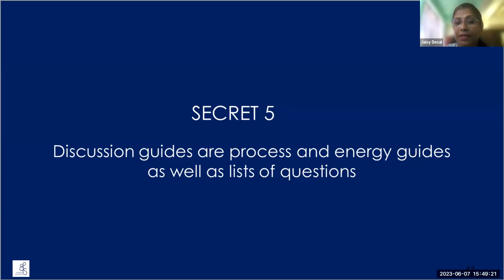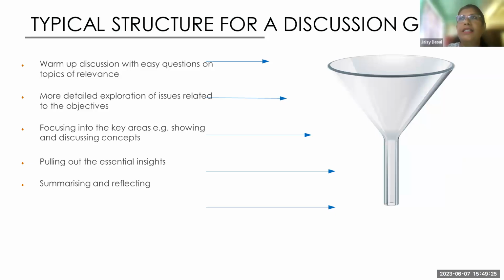And the secret five is that the discussion guides which we use typically have open-ended questions, and they are structured like a funnel. So you start with a broader issue, because you can't start a conversation going very specific. You would look at the customer's introduction.